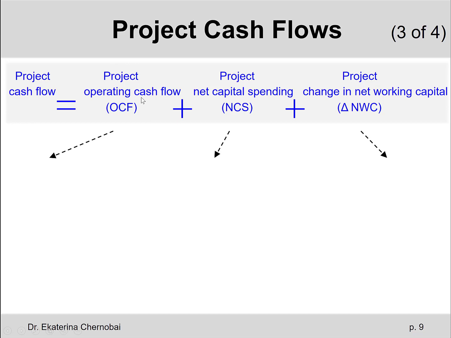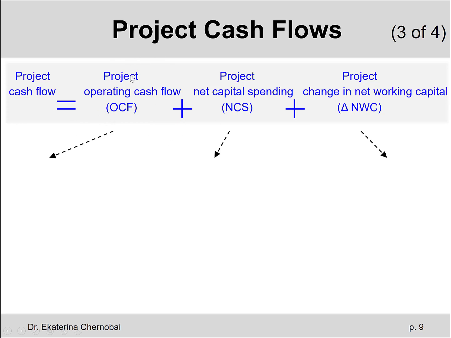Other cash flows have something else that they all have in common. And they have nothing to do with operating cash flow, but instead they have to do with what we call net capital spending. And everything else would belong in the third category of cash flows, which we call change in net working capital.